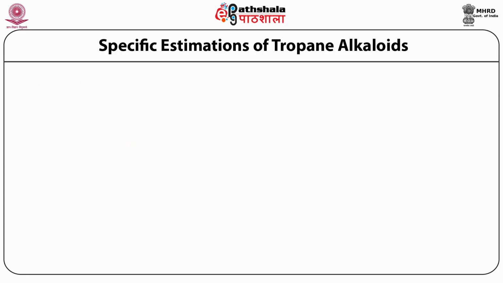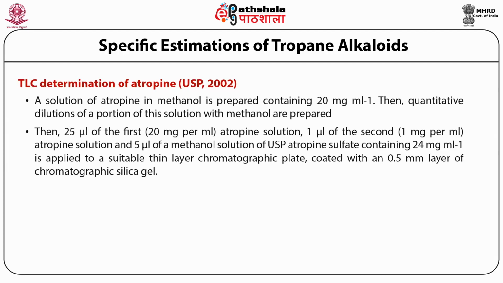The other method is using a TLC system. Here, a solution of atropine in methanol is prepared. Different dilutions are prepared, and then these dilutions are applied on a TLC plate of silica. The chromatogram is developed using a mobile phase of chloroform, acetone and diethylamine in the ratio of 5:4:1.